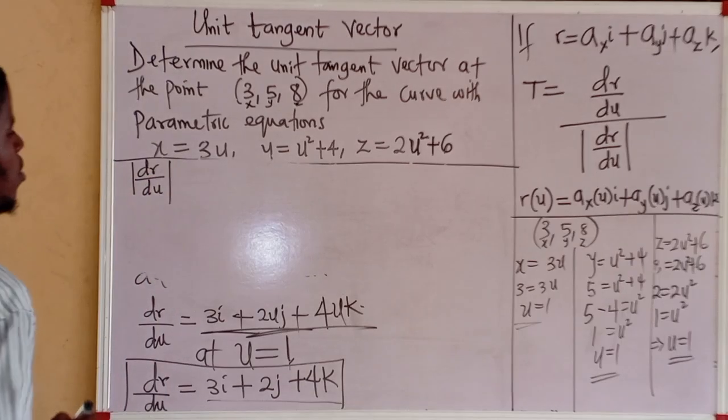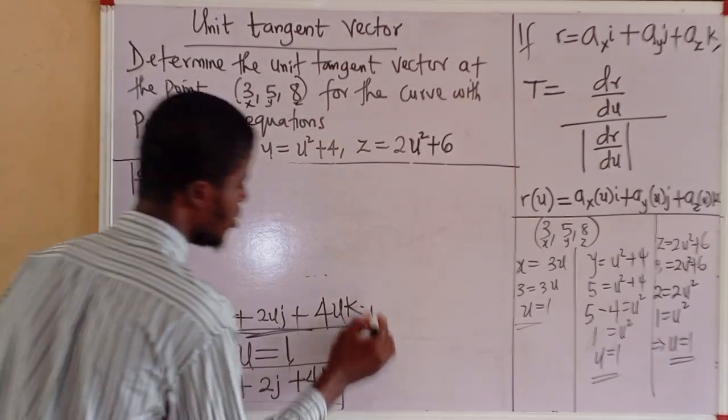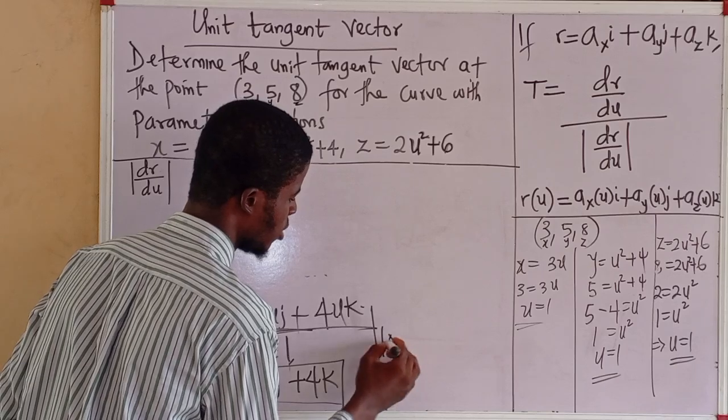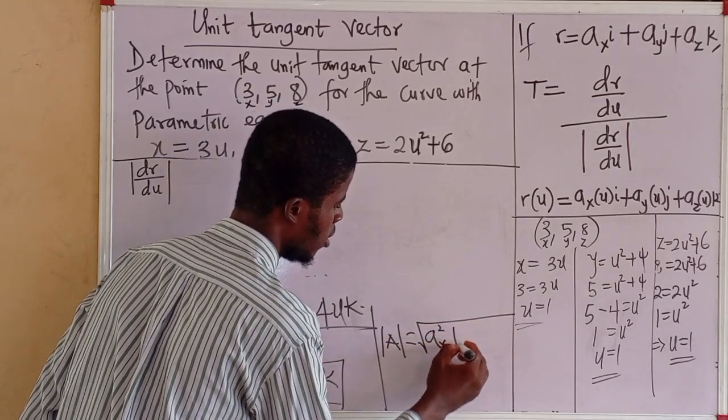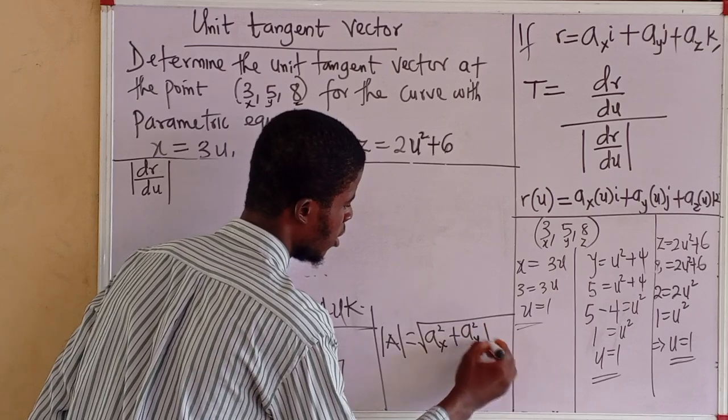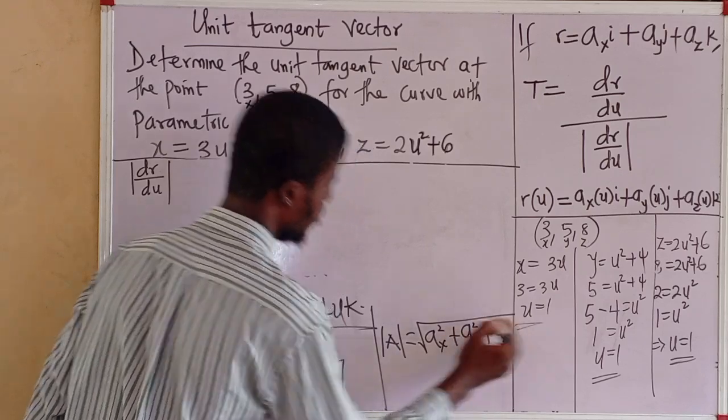using the formula for magnitude of a vector that says that the modulus of a vector A is the square root of ax squared plus ay squared plus az squared.